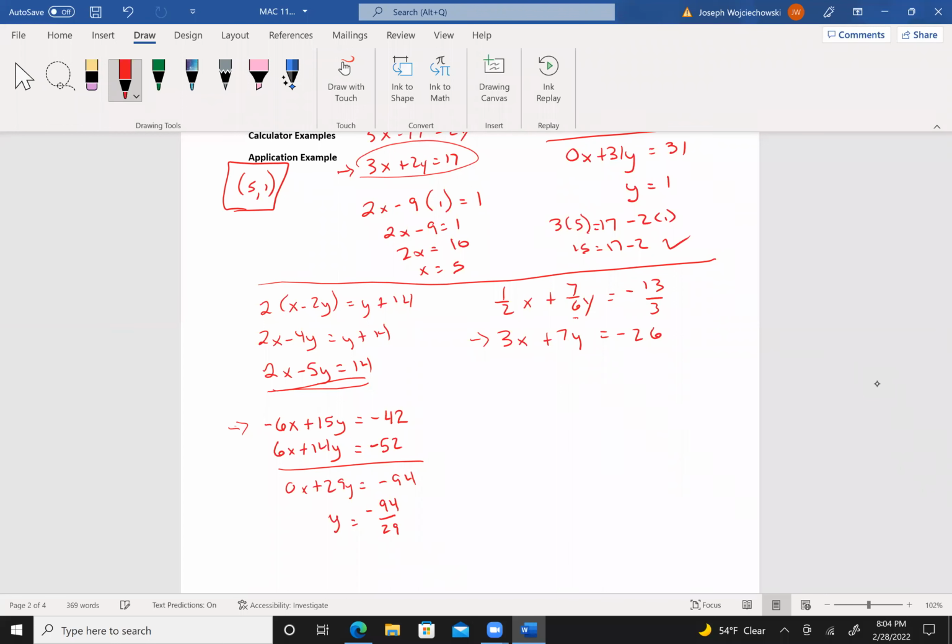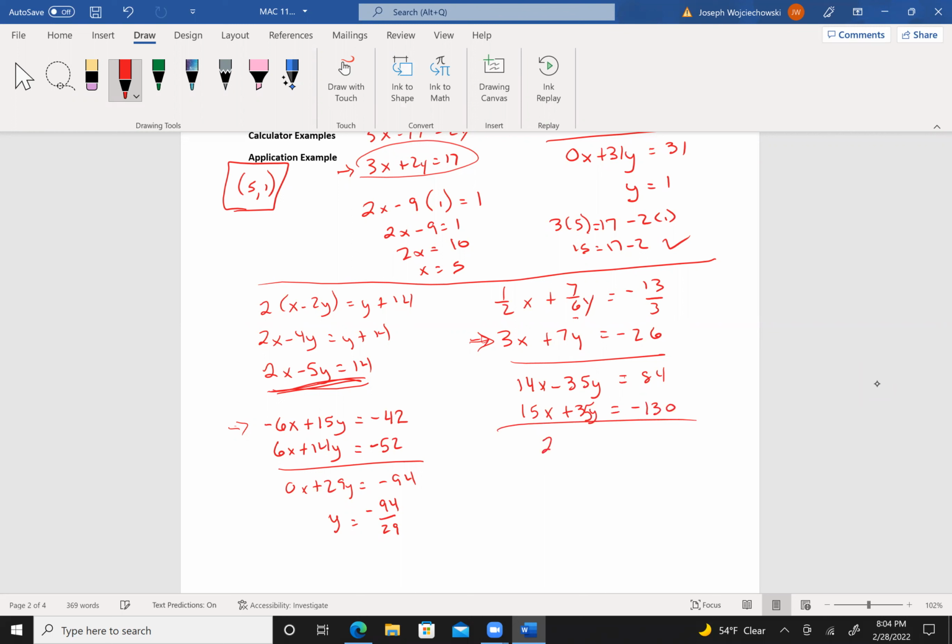So I'm looking at this and this. If I multiply this one by 7, I get 14x minus 35y equals 84. And here, if I multiply this one by 5, I get 15x plus 35y equals negative 130.